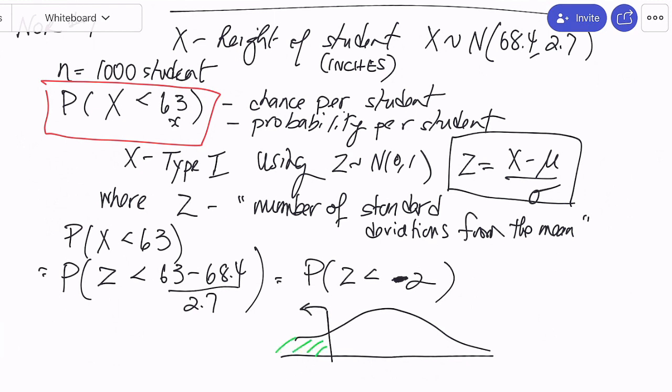That's what I want for a z. I use lowercase z for the curve. So if you look that up on your table, what we did was go from an x-type problem and convert it into a z-type problem.